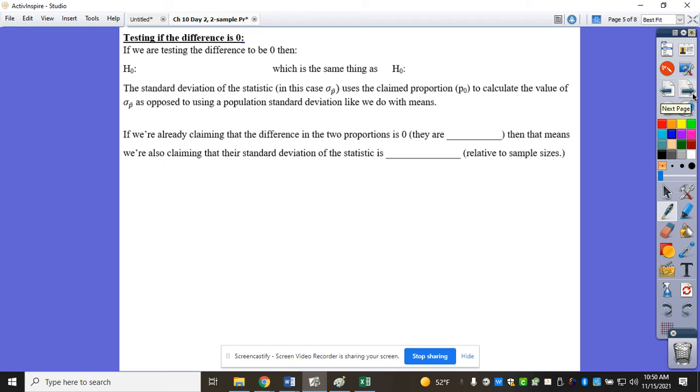So if we are testing that the difference is 0, so P1 minus P2 equals 0, which is how we'll write ours. But algebraically, this is the same thing as saying what?